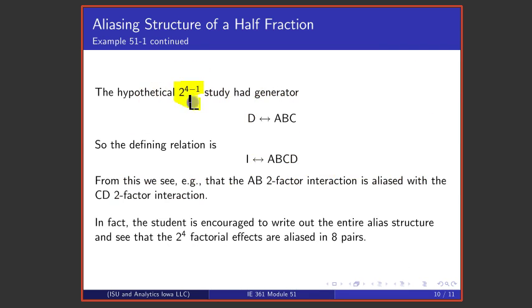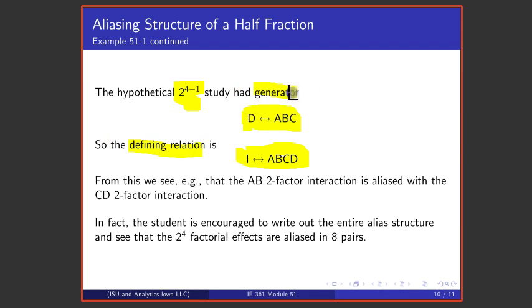The hypothetical half fraction of a 2 to the 4th had the generator D aliased with A, B, C, because levels of factor D were made as products of signs for levels of A, B, and C. Multiplying through by D, I get I aliased with A, B, C, D. That is the defining relation.